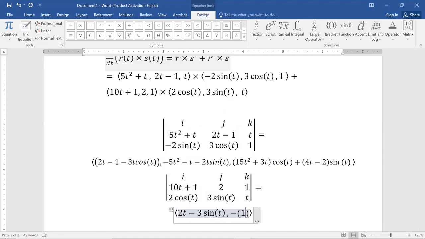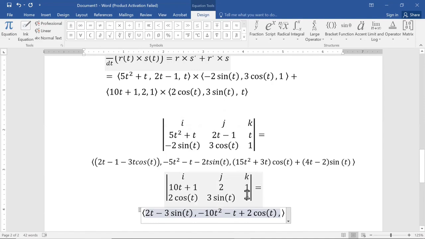So that's 10t squared plus t, minus 2 cosine t times 1. If I distribute that negative, I end up with negative 10t squared minus t plus 2 cosine t.